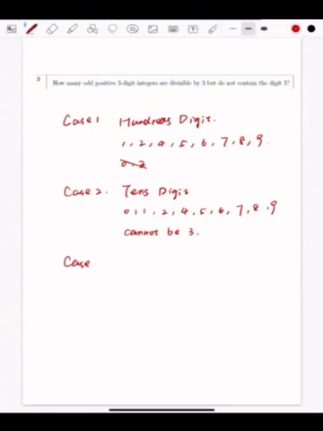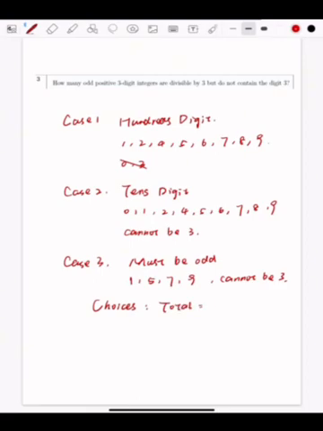And for case 3, there must be odd, and it cannot be 3. And we know for all of the choices, the total is 8 multiplied by 9 multiplied by 4.